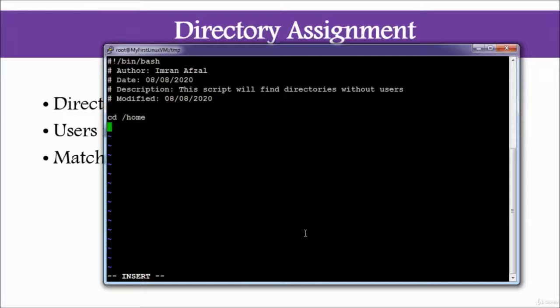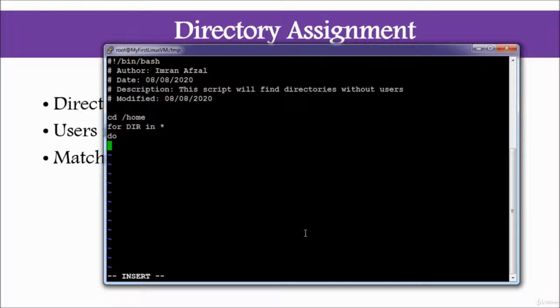Now what it will do is first cd into /home. I want to run this command. Then we'll put a for statement, and I will put a variable this time, dir. It's just a variable, you could pick anything. for dir in asterisk. So I went to the /home directory and I am looking for all the directories and putting them into a variable called dir.